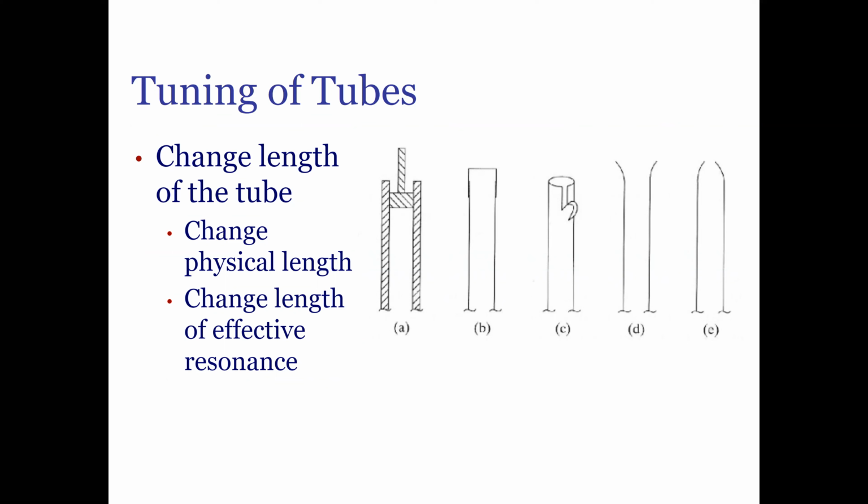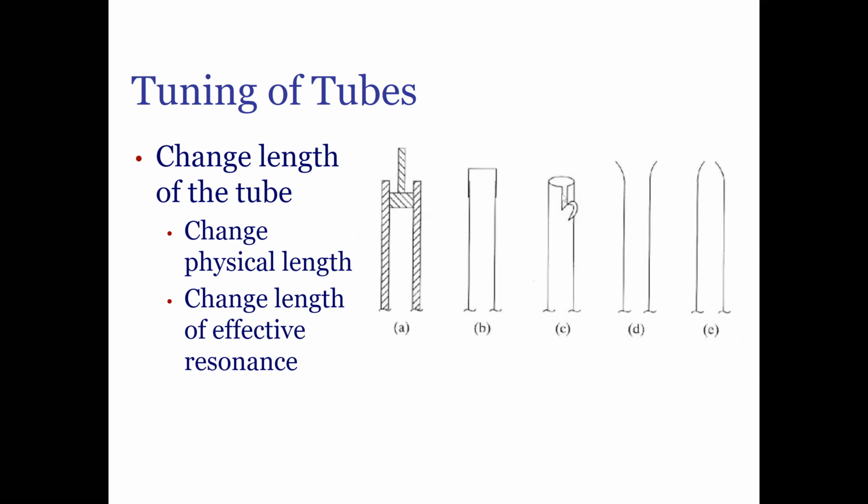Since the speed of sound is highly dependent on the temperature, you will need to change the length of the tube in one way or another to keep the same pitch as the temperature changes. So you can have a plug that's movable. Here you have a cap that allows you to extend in or out at the far end. Both of these are changing the length of the tube and thus changing the pitch to match whatever the speed of sound is.